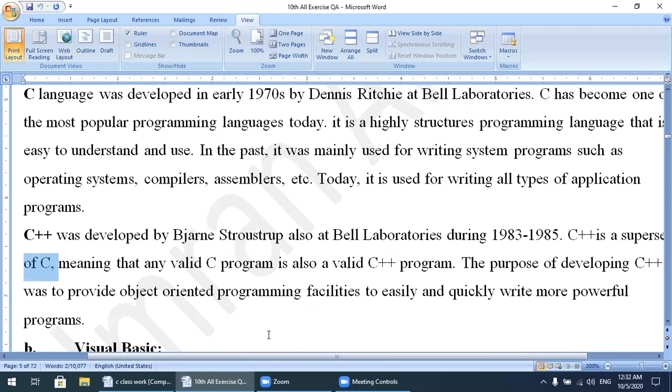So you can say that C is a subset of C++. The advanced version of C is C++. When the limitations of the C language started, C++ started over there, meaning that any valid C program is also a valid C++ program.